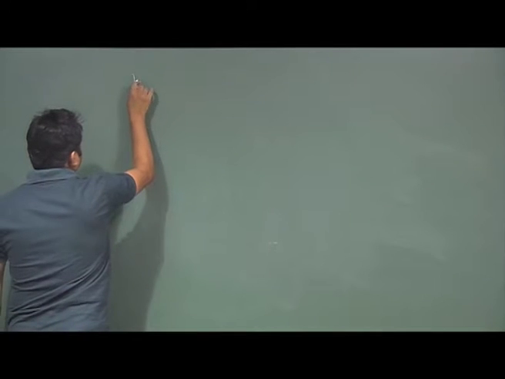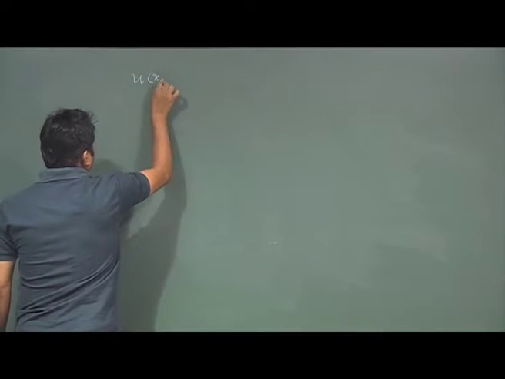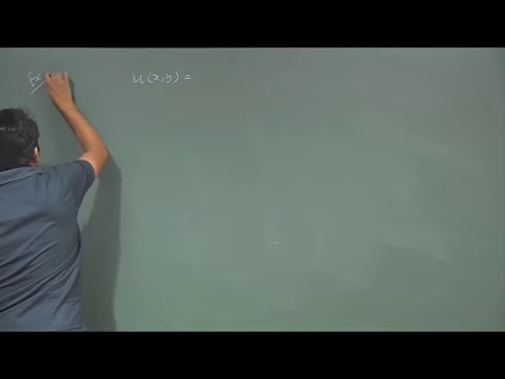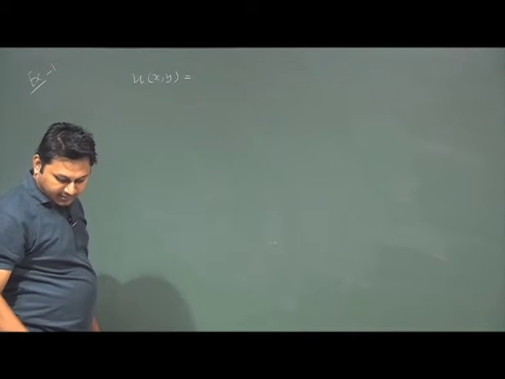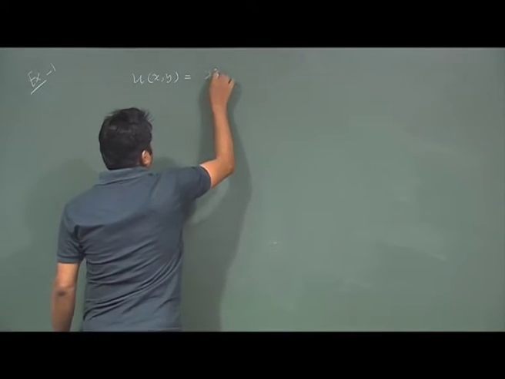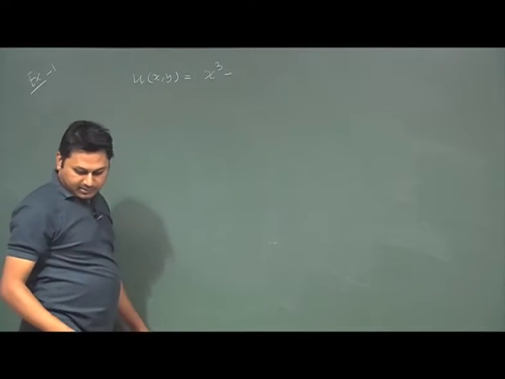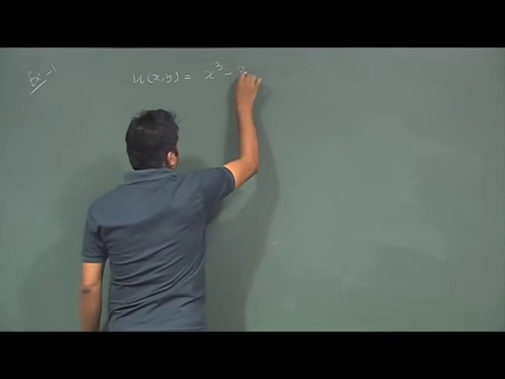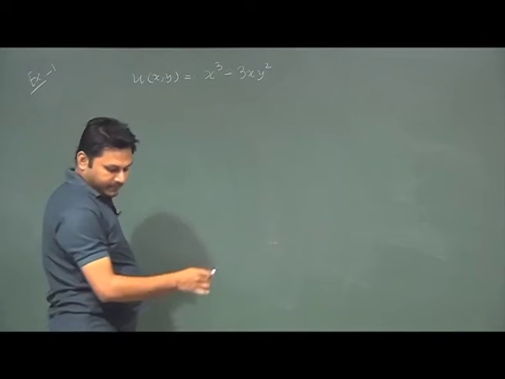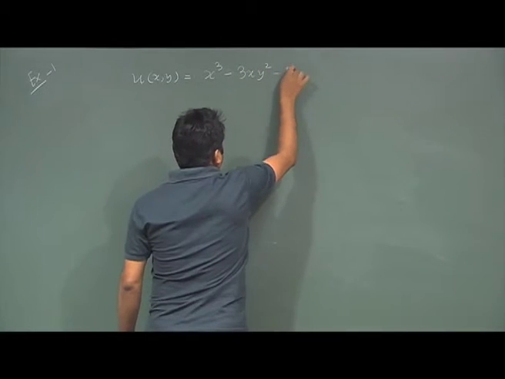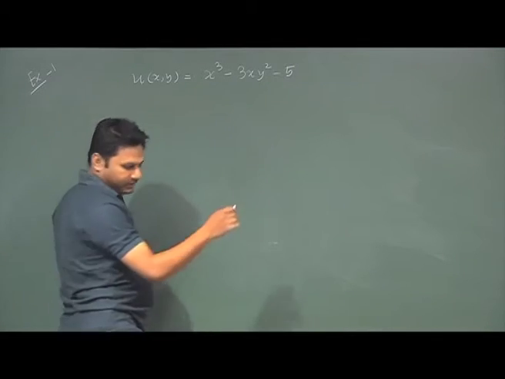The problem is u is given to us, which is a function u(x, y), exercise 1, where it is given like x square, let me write it, minus 3x y square minus 5y.